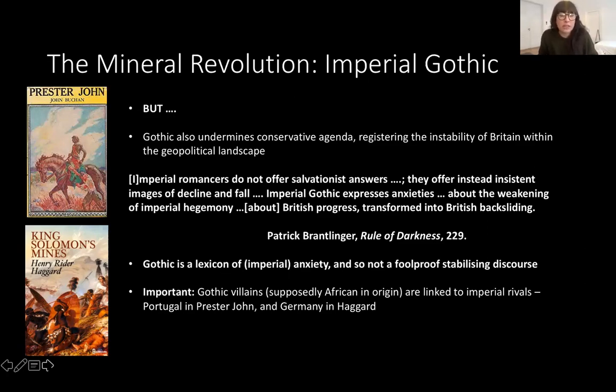He writes, imperial romances do not offer salvationist answers. They offer instead insistent images of decline and fall. Imperial Gothic expresses anxieties about the weakening of imperial hegemony, about British progress transformed into British backsliding. So Gothic is a lexicon of imperial anxiety and not a foolproof stabilizing discourse.